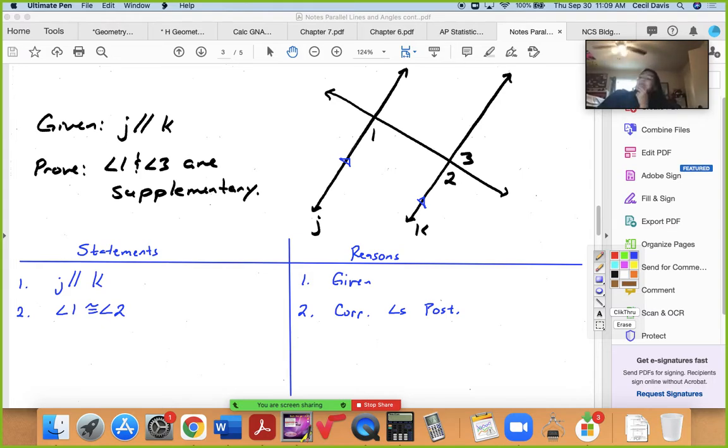Okay? Now, for this one, you might get stuck at this point. You're like, there's nothing else true because of the parallel lines. But, yes. 2 and 3 are supplementary because they are already in there. Exactly. Very good. Angle 2 and angle 3 are supplementary.